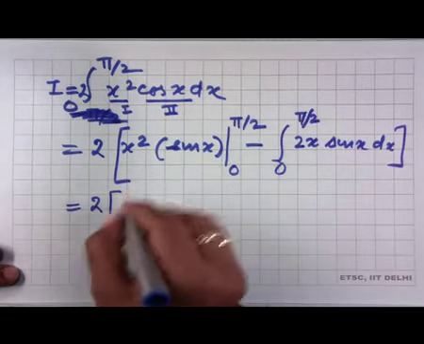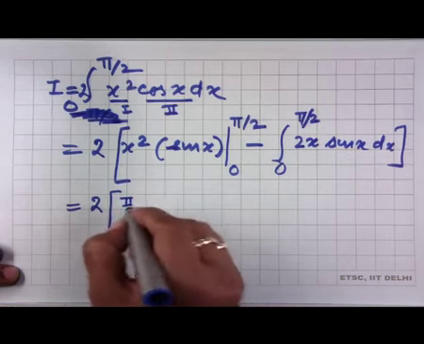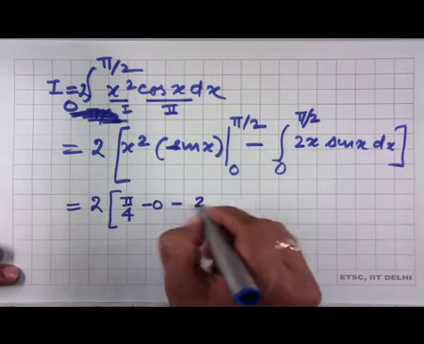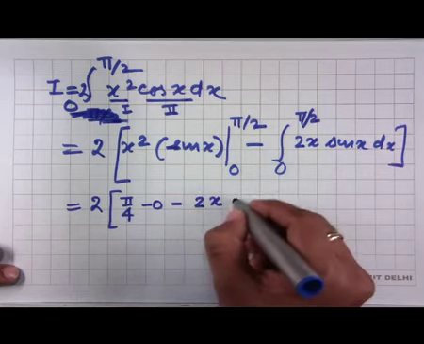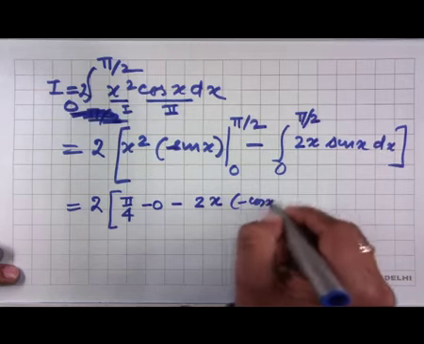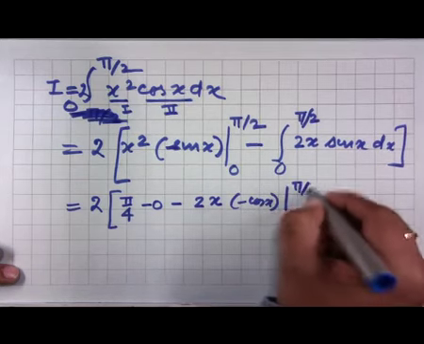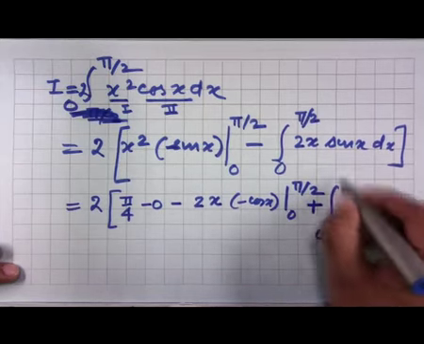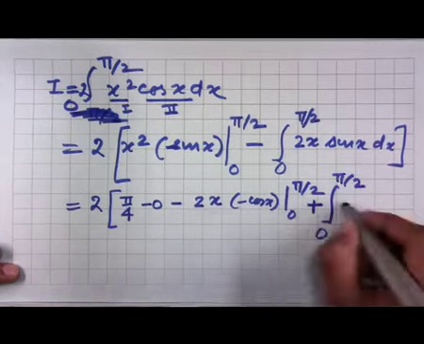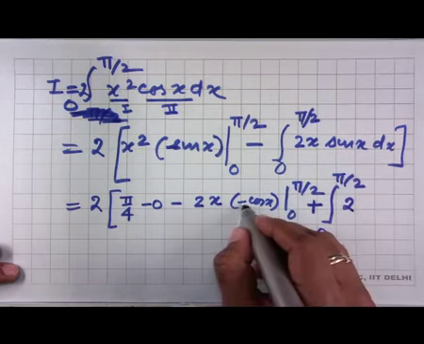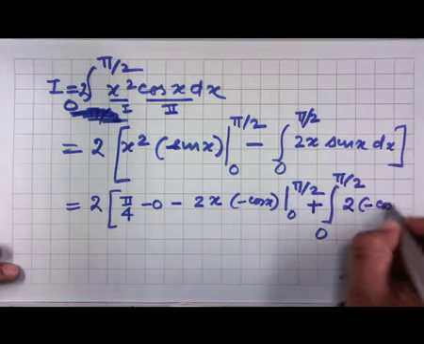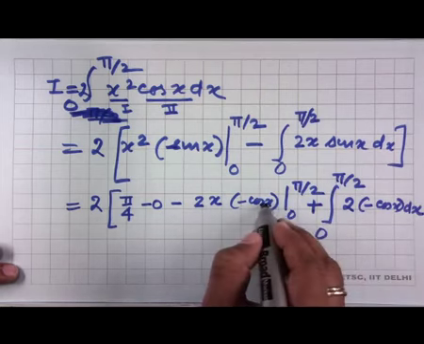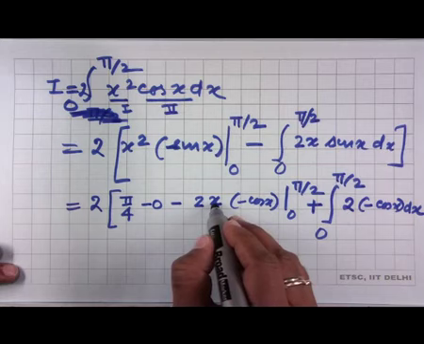2 times pi square by 4 minus 0, minus: first function into integral of second, which is minus cos x, 0 to pi by 2, minus minus plus 0 to pi by 2, differential of first is 2 and minus cos x dx. So this will be 0: at pi by 2, cos pi by 2 is 0, and at 0 this is 0 because of this.